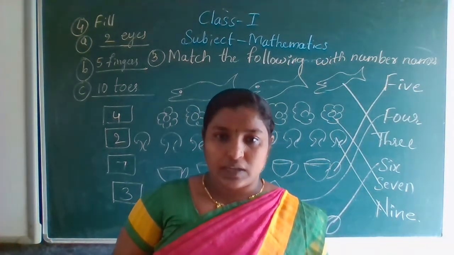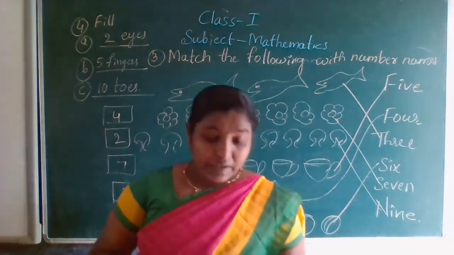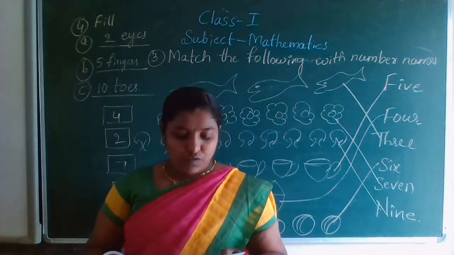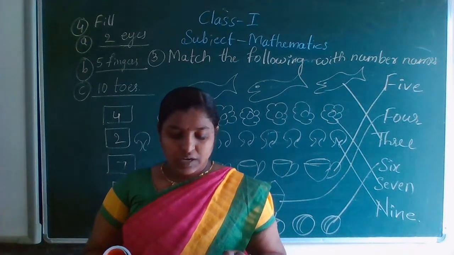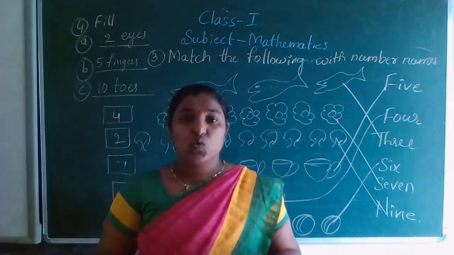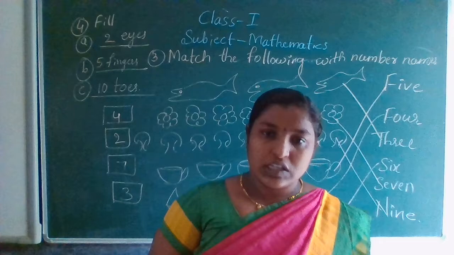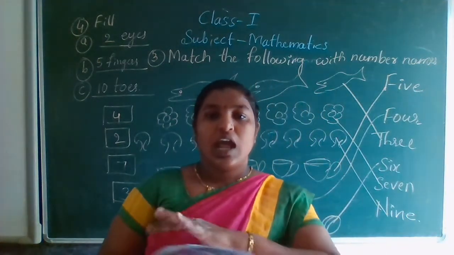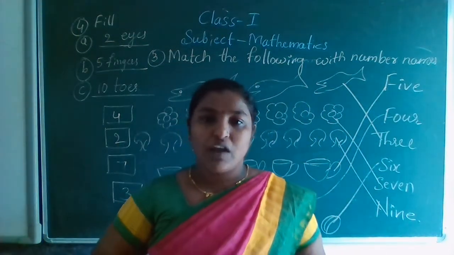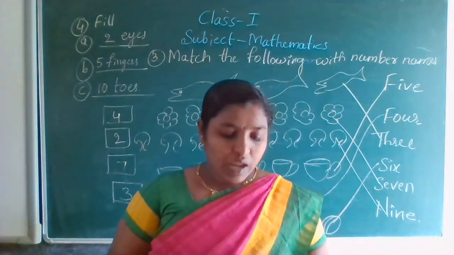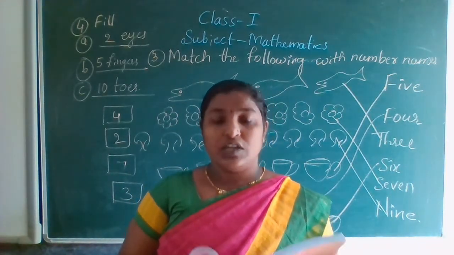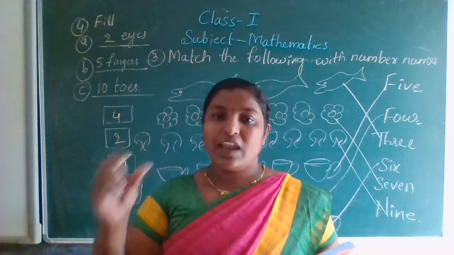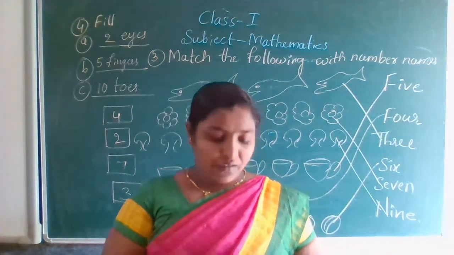Then write in the blank. If you ate some pieces, write down how many pieces you ate. Third one, how many pieces are left? After eating, how many are left in the packet? Count it and write it.